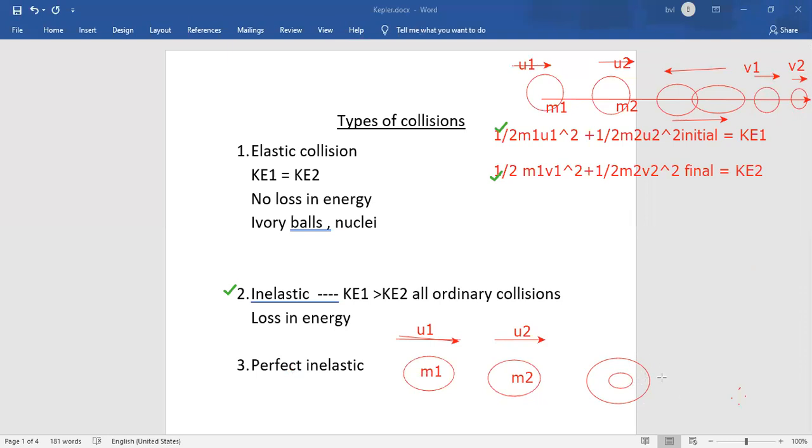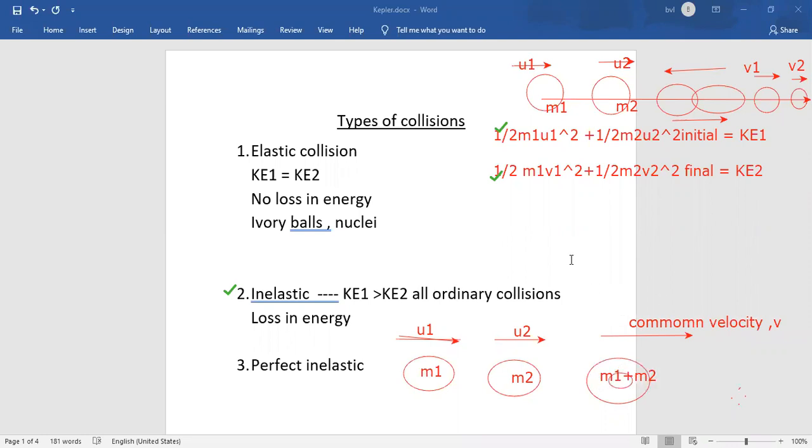One object is embedded into the other one and they move like one mass with a common velocity. This common velocity we denote with V, and the mass is m1 plus m2.